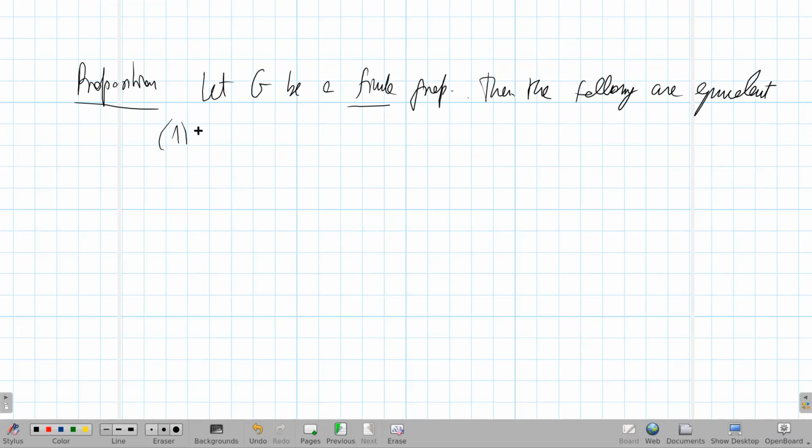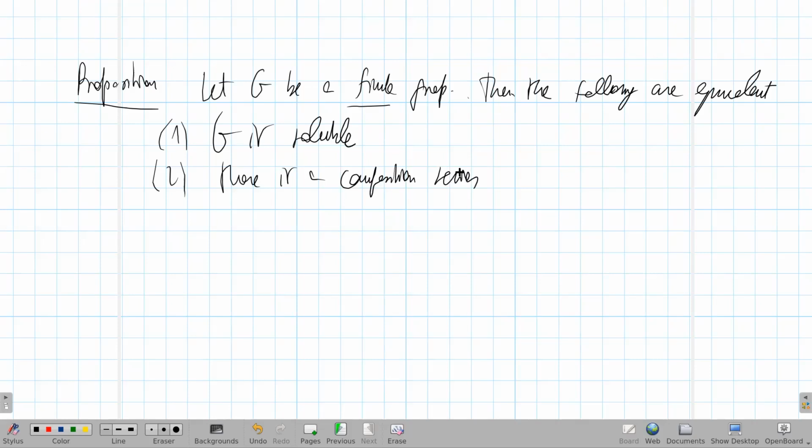One, G is soluble. Two, and since the group is finite, we can speak of composition series. So remember, this is a series which cannot be refined further, whose factors are of prime order.